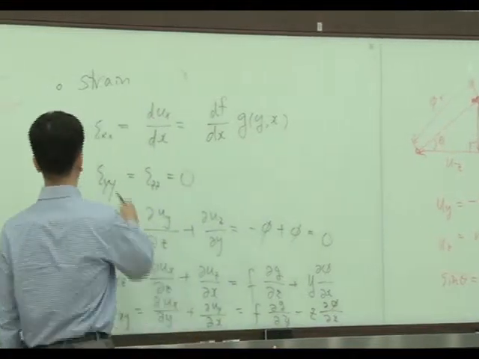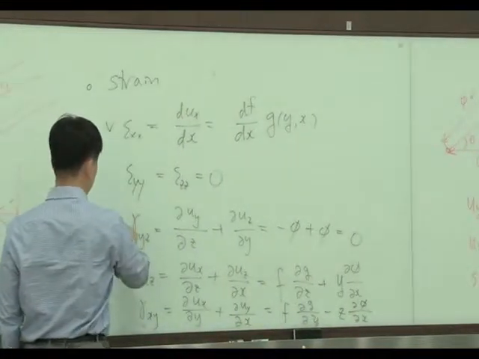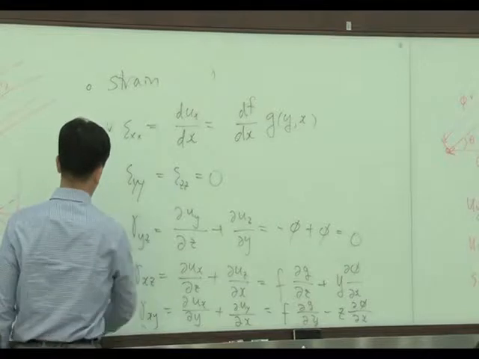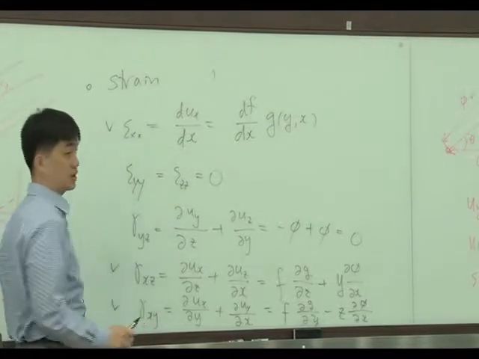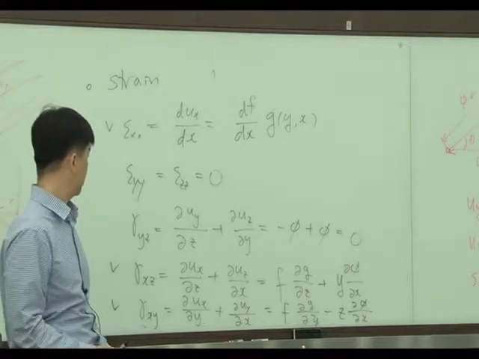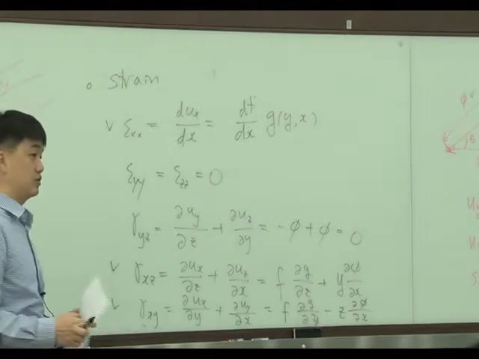So we have only three non-zero strains: the normal strain xx and two shear strains.